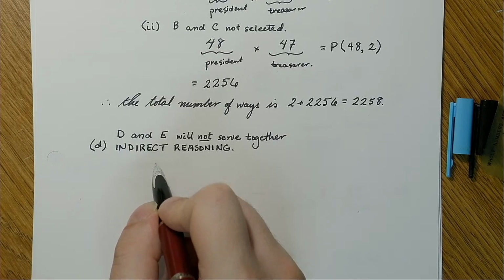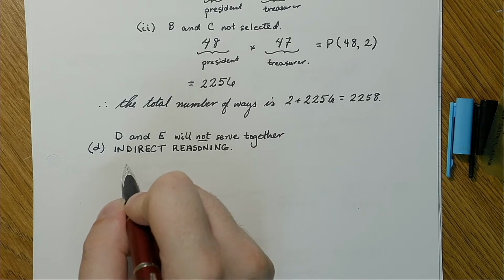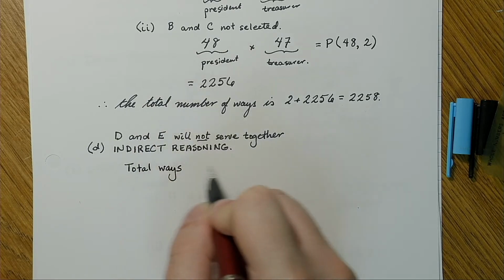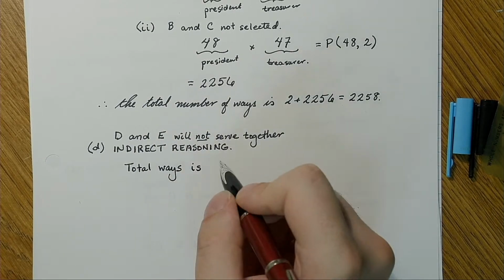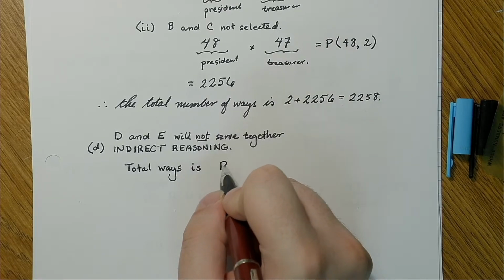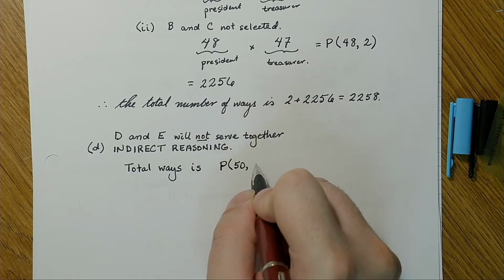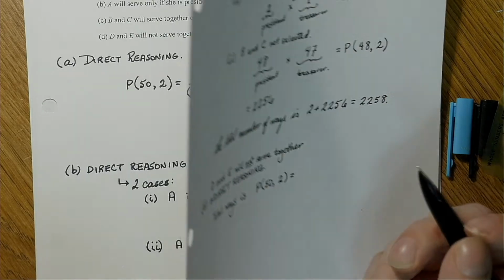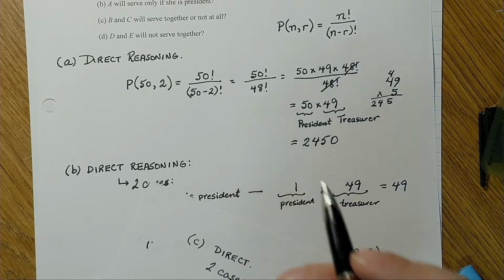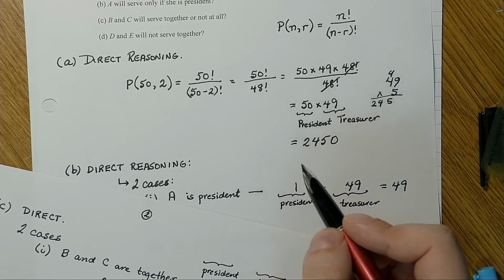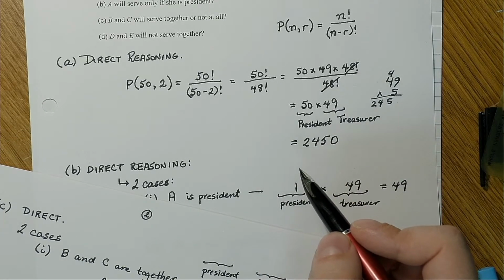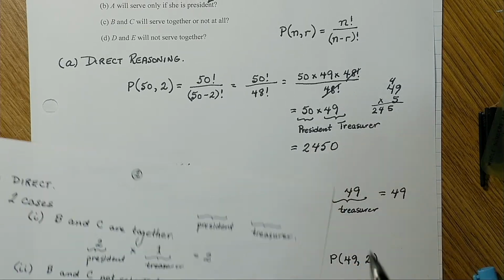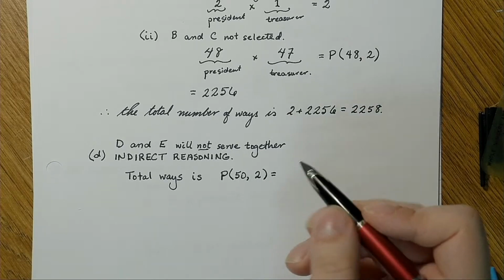So the total number of ways is 50 permute 2, which we calculated in part A. So we know that's 2,450, exactly. Everything except the lettuce.